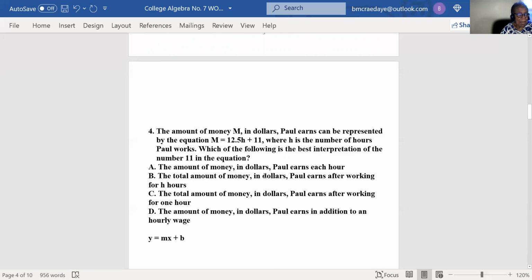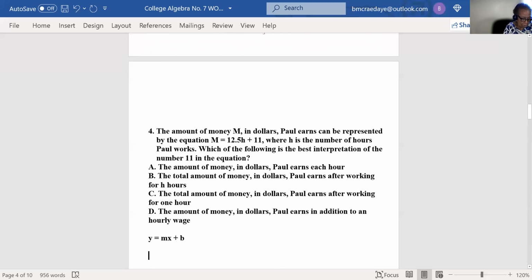The total amount of money in dollars he earns after working X hours would be the M value, 12.5 H plus 11. The total amount of money Paul earns after working for 1 hour is the $12.50. So the answer would be D. That's additional money that he earns over his hourly wage.